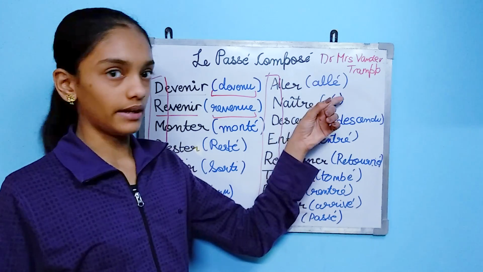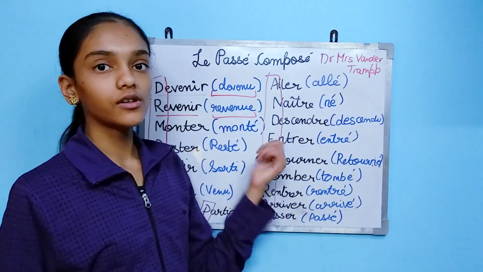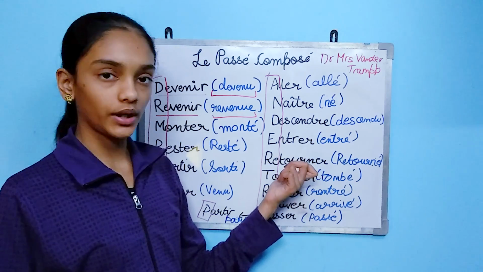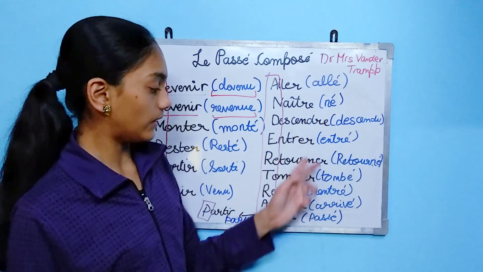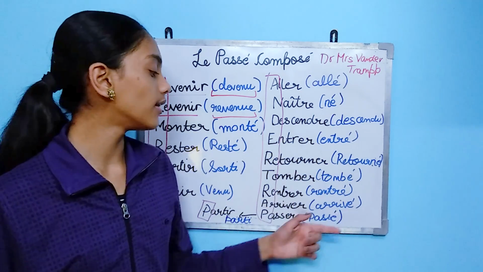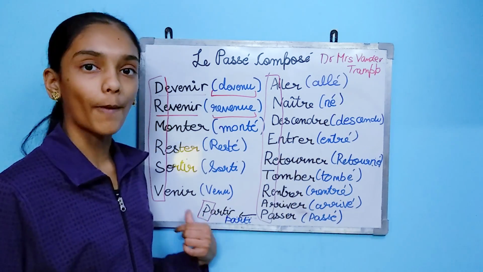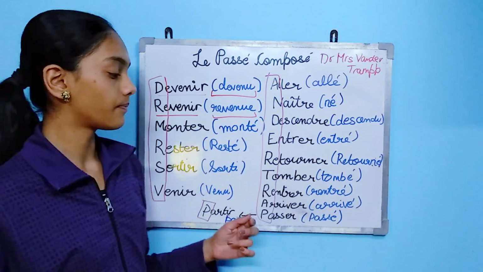Naître becomes né. Descendre, descendu. Entrer, entré. Retourner, retourné. Tomber, again tombé. All the ER verbs like rentrer, arriver, passer, like that all. And the last one over here, partir, which becomes parti without an R.